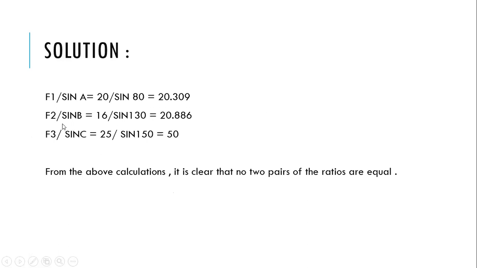And here F2 by sine B, 116 by sine of 130 degrees, gives 20.886. Now find the ratio for the next combination. F3 by sine C, 25 by sine 150 degrees. If you substitute, you will get 50. So these are the three force ratios obtained by applying the Lami's theorem equation.